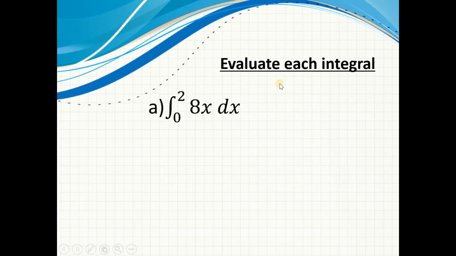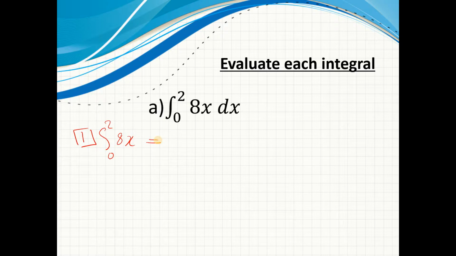Now let's solve some examples. Evaluate each integral. A, integrate from 0 to 2, 8x with respect to x. I said that we have just two steps. Step 1 is integration. Integrate from 0 to 2, 8x. How do we integrate?